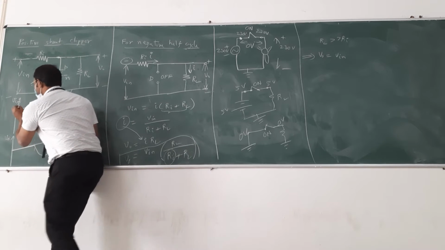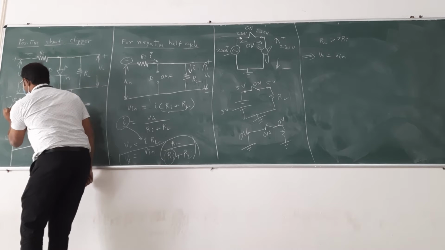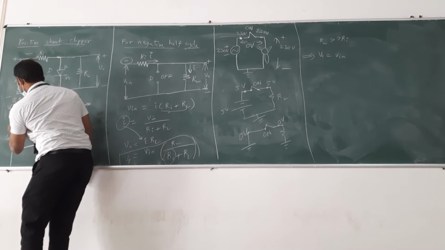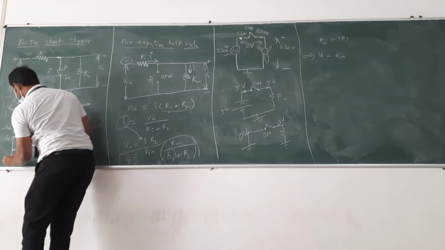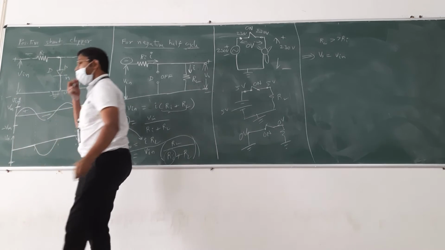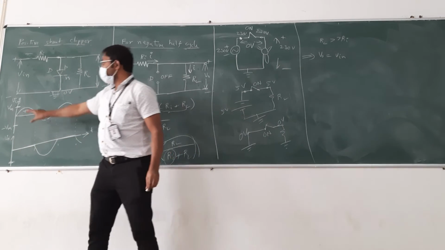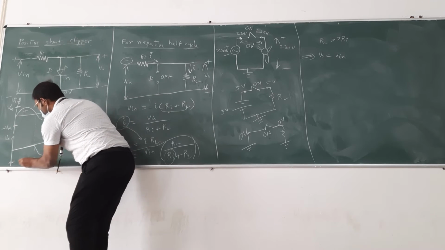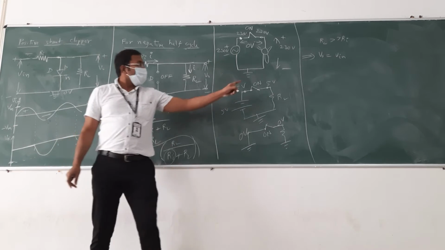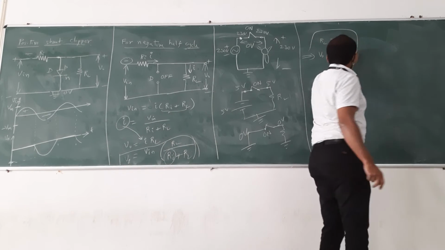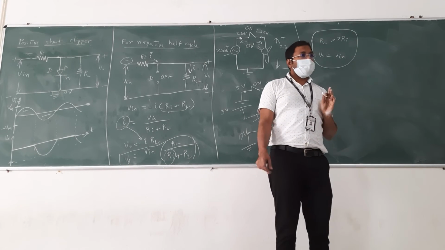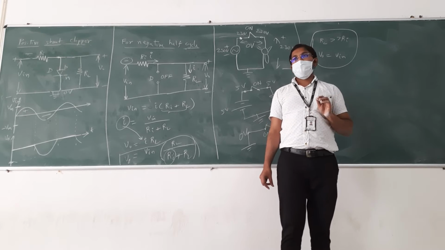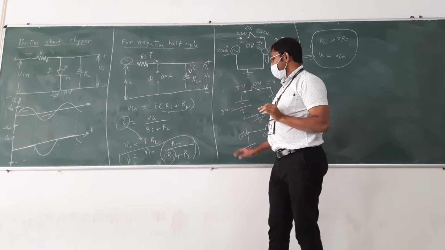Okay, this is Vm. This is minus Vm. What will this point be? Anybody? This is Vm, minus Vm. So what will this point be? Yes, for this condition it will be minus Vm.